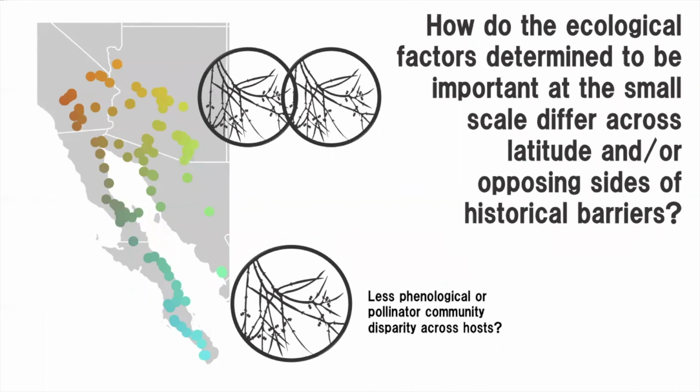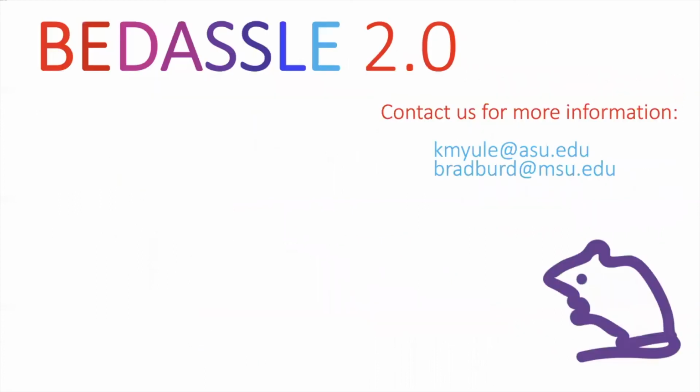You may have noticed that in the really divergent, southernmost part of the range, there was less differentiation between individuals on mesquite versus other hosts, as opposed to the really strong differentiation in the northern part of the range. So I would like to know if there's less phenological or pollinator community disparity across hosts at lower latitudes.